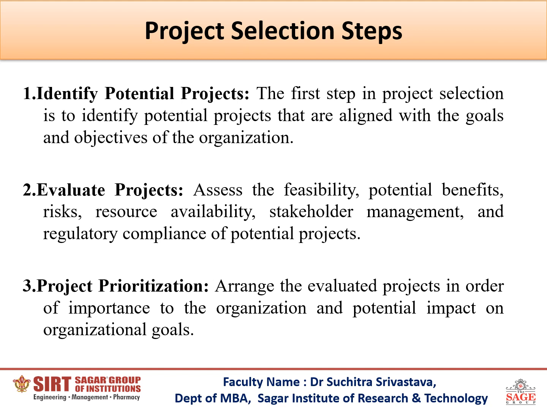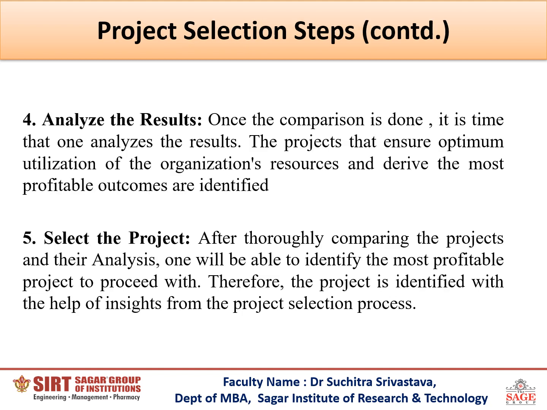The third step is that of project prioritization. That is, we need to prioritize which project is of more importance compared to the other. Now, what do we do in this? In this, we arrange the evaluated projects in order of importance to the organization and the potential impact on the organizational goals.